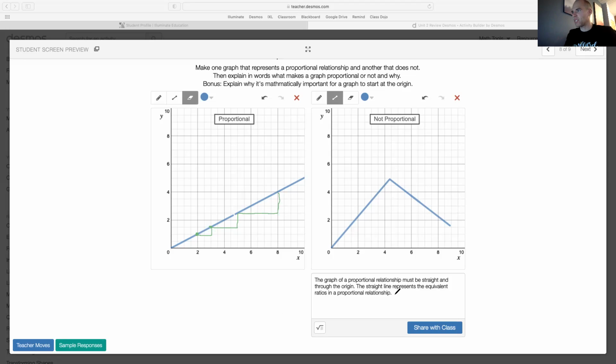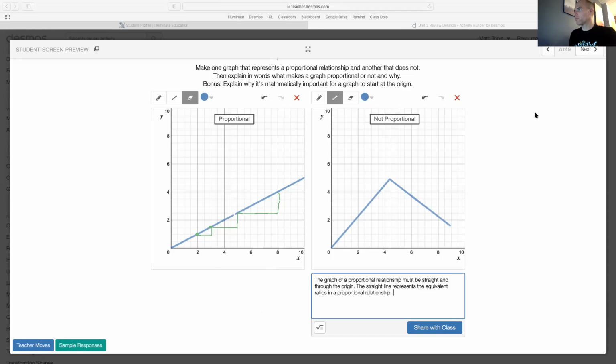And then it says, explain why you have to have the origin on the graph. Well, let's see. The best way to explain it, in my opinion, is with a table, and then I'll write it.